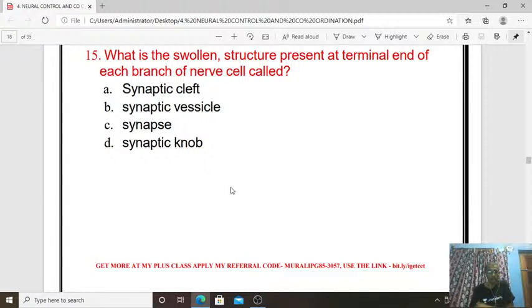Inside that button shaped structure, we can observe synaptic vesicles with the neurotransmitter. So the answer for the 15th question is D, synaptic knob.